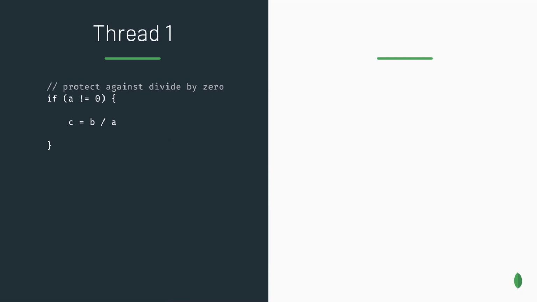So I write my code and I say, well, if a is not equal to 0, then I can divide with it. This seems naively simple and easy to see is correct. And it is correct if you're on a single thread. The problem comes if there are other threads that have access to that same state. You could have another thread that at any given point in time sets a equal to 0.